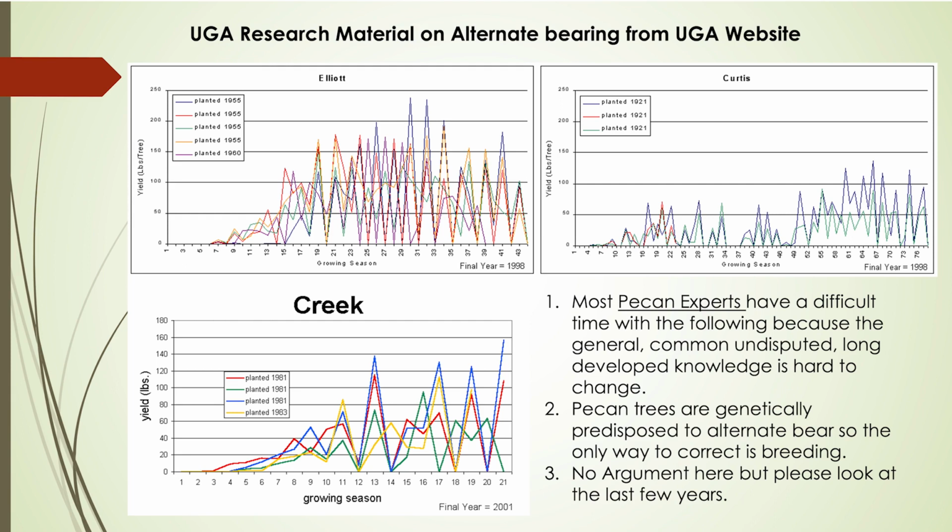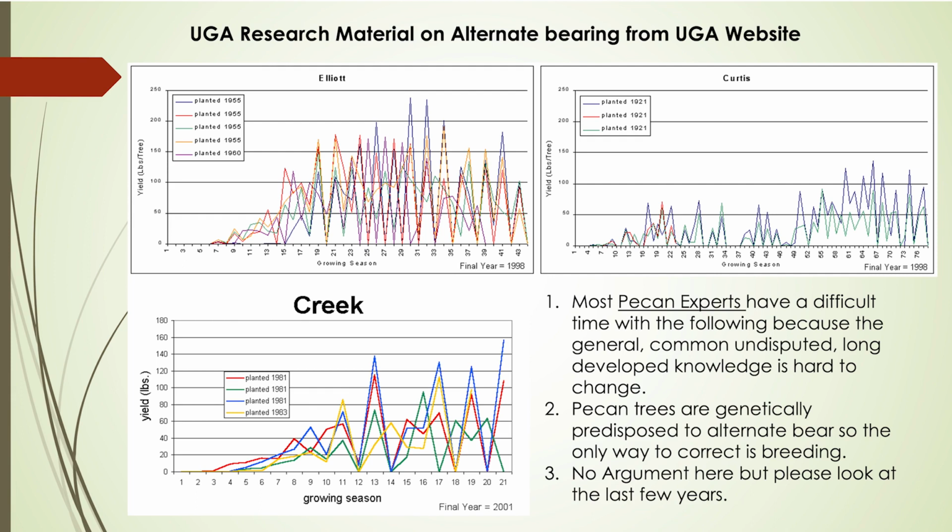This information here is off of the University of Georgia website. It was on the Elliott trees planted in 1955 and 1960. And you can see the alternate bearing there all the way up to the final year of 1998. It looks exactly like it's supposed to.